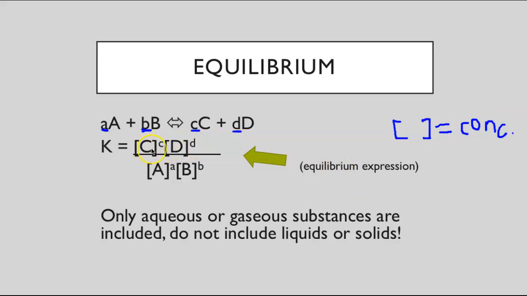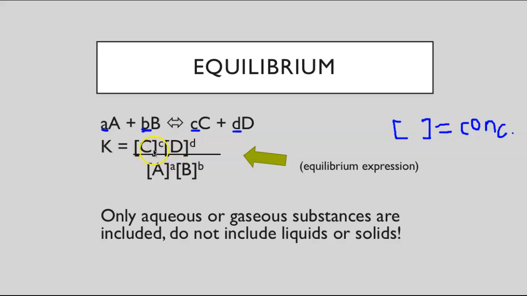So it's the concentration of substance C raised to the number of moles of substance C times the concentration of substance D raised to the number of moles of substance D divided by the concentration of substance A raised to the number of moles of substance A times the concentration of substance B raised to the number of moles of substance B. Now, a few important things to remember. These are not additions or subtractions.